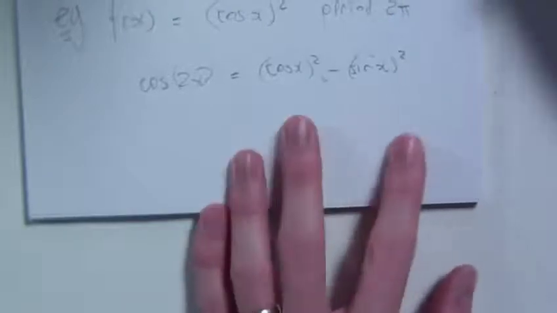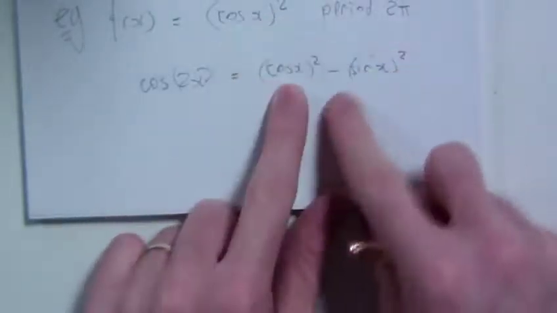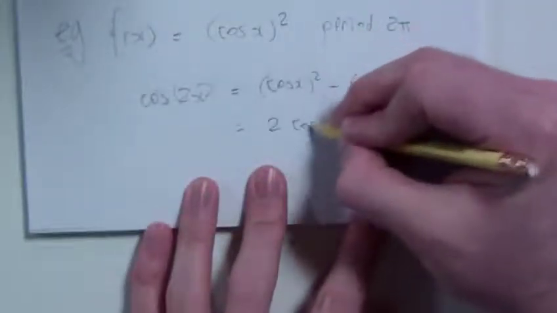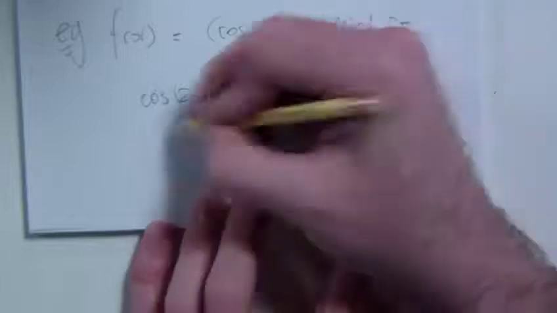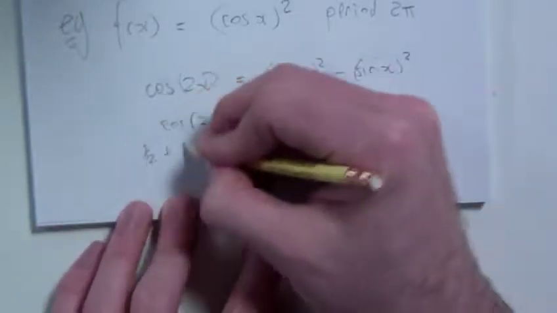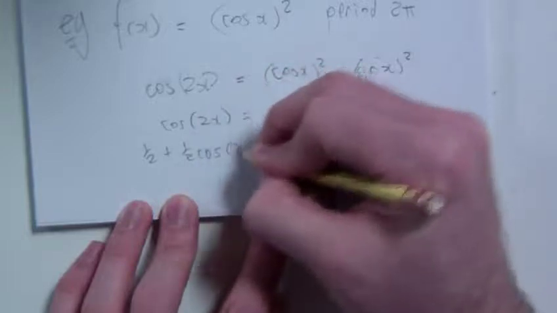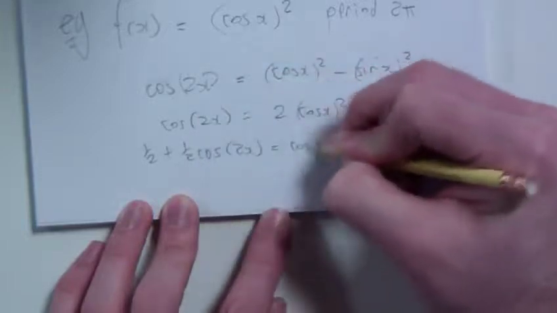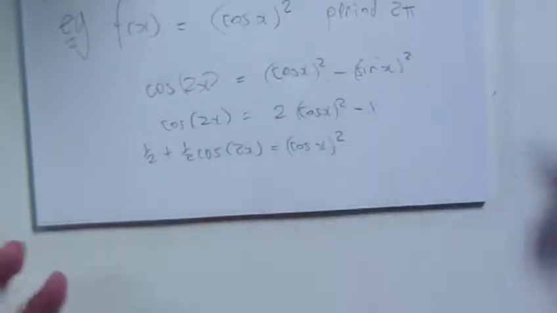And I know that if I want this to be about cos squared, then I could replace the sine squared with 1 minus cos squared, and I'll get 2 lots of cos squared minus 1. And so if I rearrange this, I can put the 1 over there and divide everything by 2, and I'll get this. Now I'm not wanting you to remember this procedure, I'm just making a point.